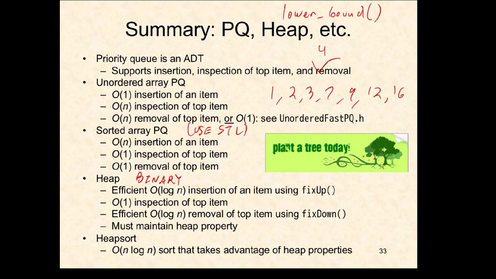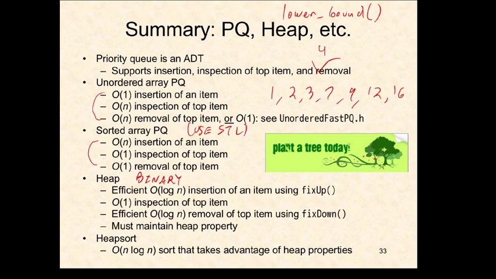Now think about the lifetime of stuff in a priority queue. You push it in, and at some point later you pop it out. So if we look at unordered versus sorted, it's O of 1 to get it in, and it's O of n to get it out or to look at it. In sorted, it's O of n to get it in, and it's O of 1 to get it out.